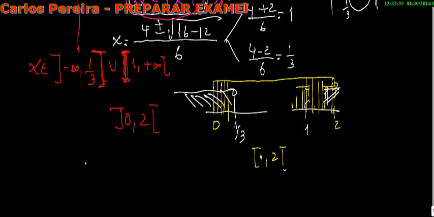The first one is from 0 to 1 over 3, open, union with another interval, which is 1, closed at 1, and 2, open at 2, and this is the solution of the problem.